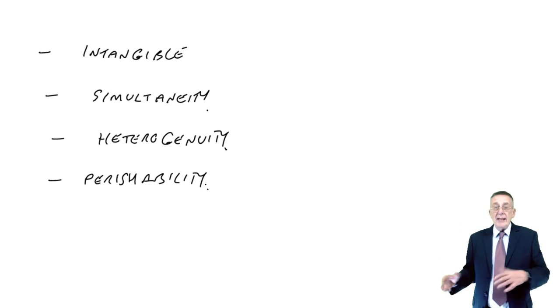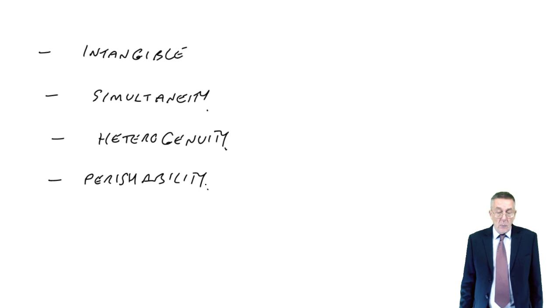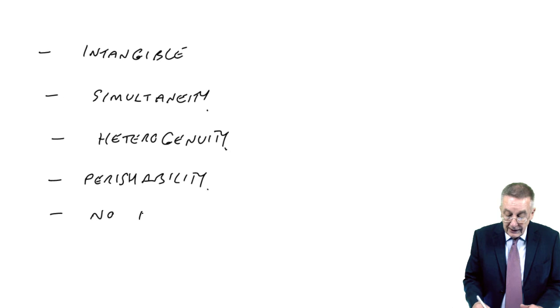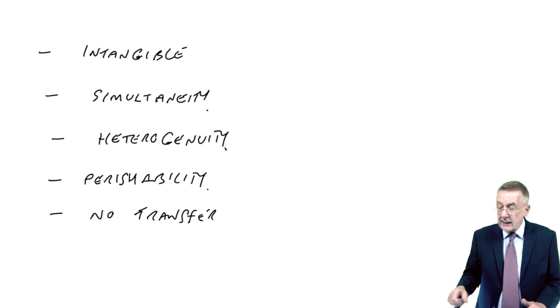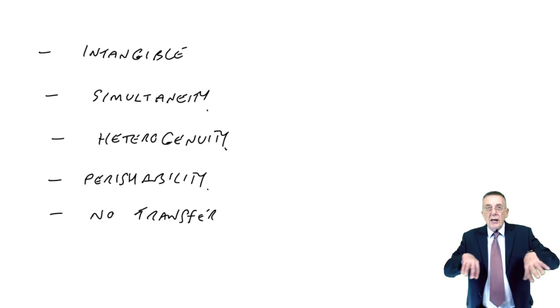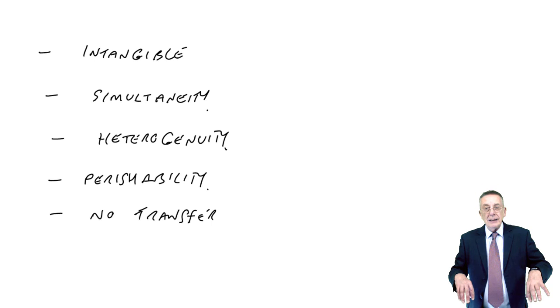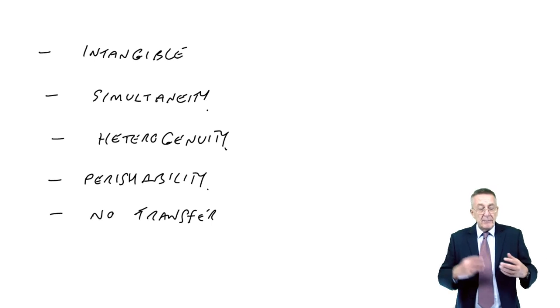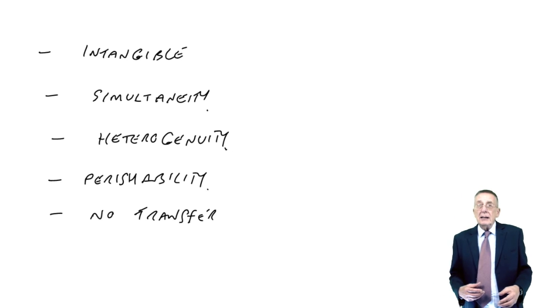You've done it, it's over, it's finished. And finally, no transfer of ownership. They're all interrelated, these, same sort of thing. I'm doing work for you, but I'm not actually selling you anything in the sense of you give me money and I give you this product.